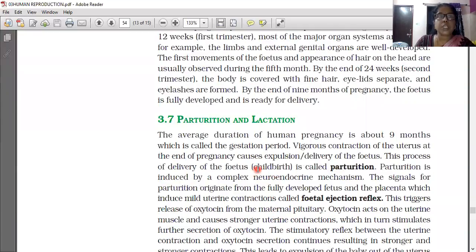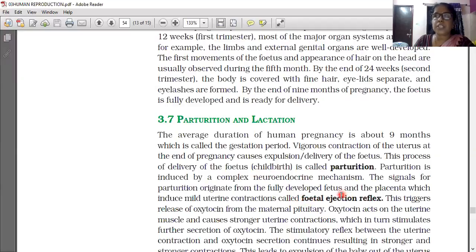So, parturition and lactation. The simple meaning of parturition is delivery of the fetus, or childbirth. It is a neuroendocrine mechanism. The signal comes from the fully matured fetus and placenta, which induce mild uterine contraction called the fetal ejection reflex.